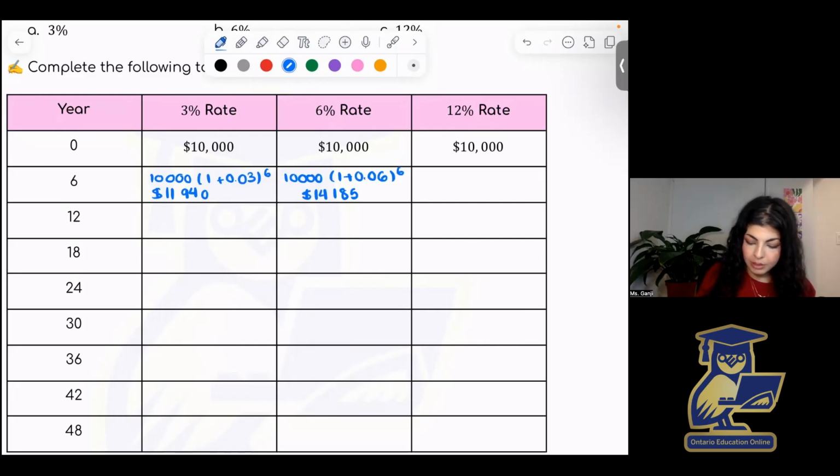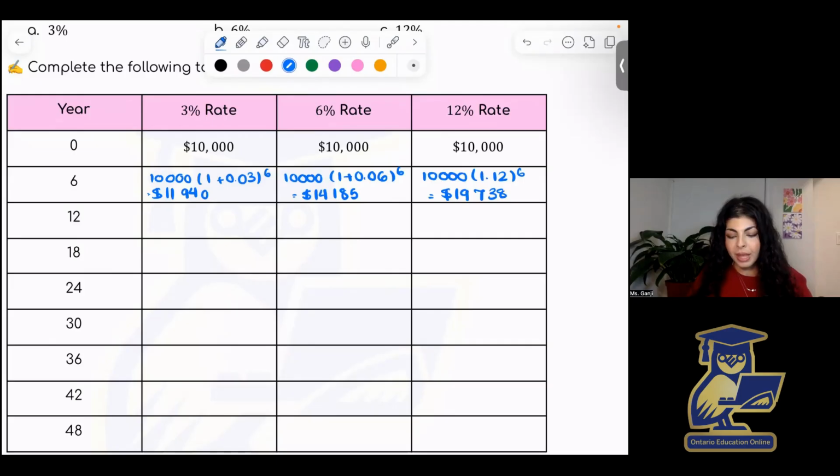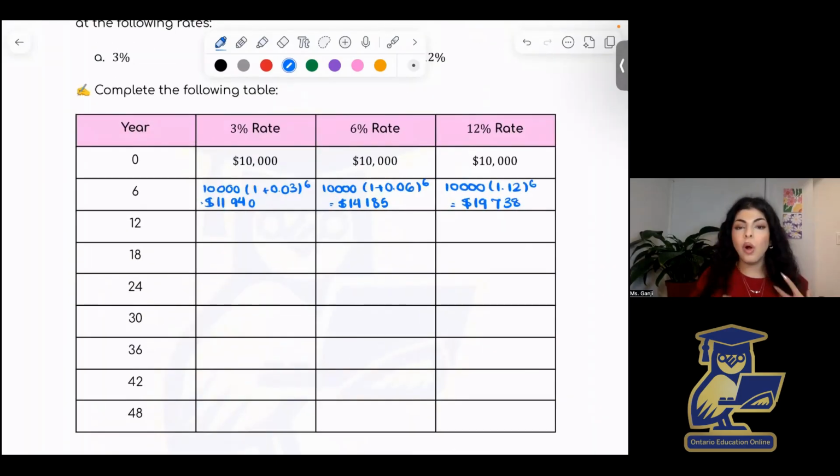And finally with 12%, this would be 10,000 times 1.12 to the power of 6, and we would get 19,738. Okay, and so already I can see this one is pretty much doubled at this point, maybe just a little bit more.